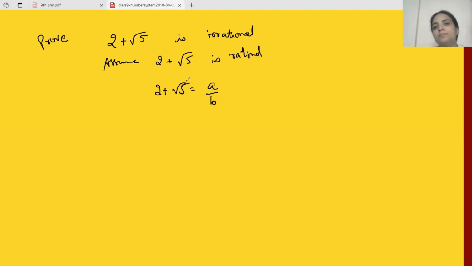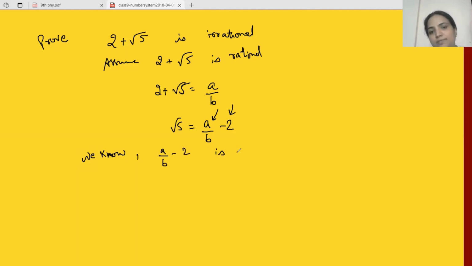Right, bache? Now I can write this here as root 5 is equal to a by b minus 2. A and b, it is rational. Rational minus rational will be a rational thing or not. So we know a by b minus 2 is rational.